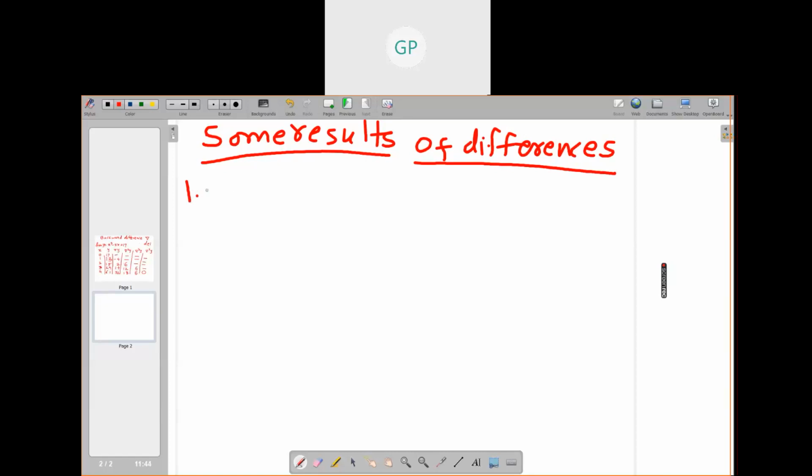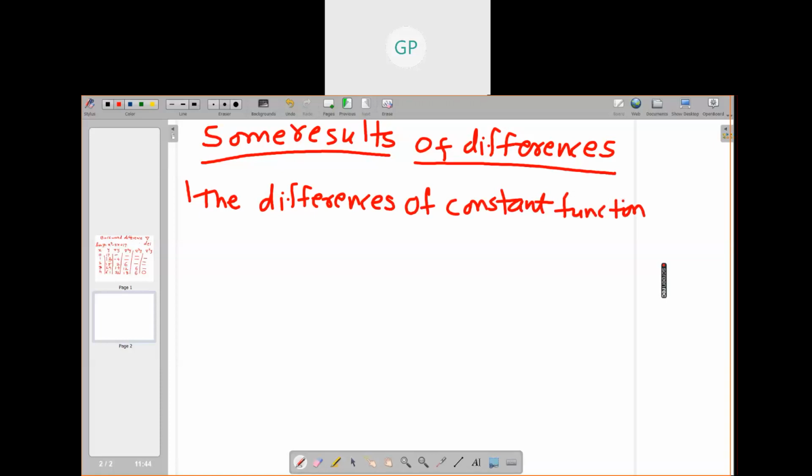So the first one is: the differences of a constant function are 0. That is, delta C is equal to 0.